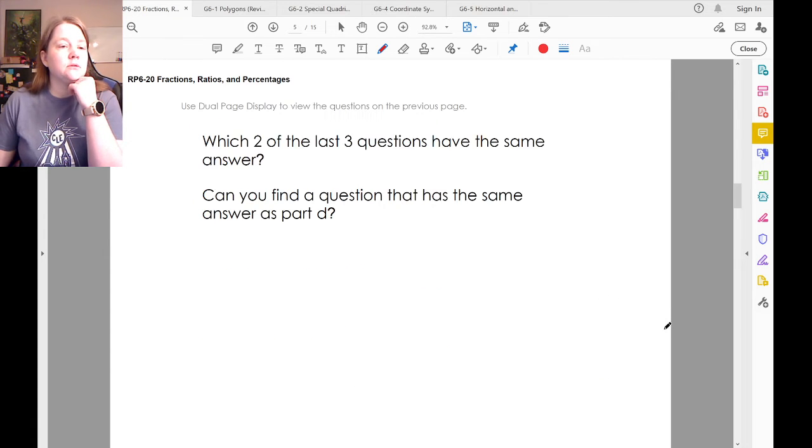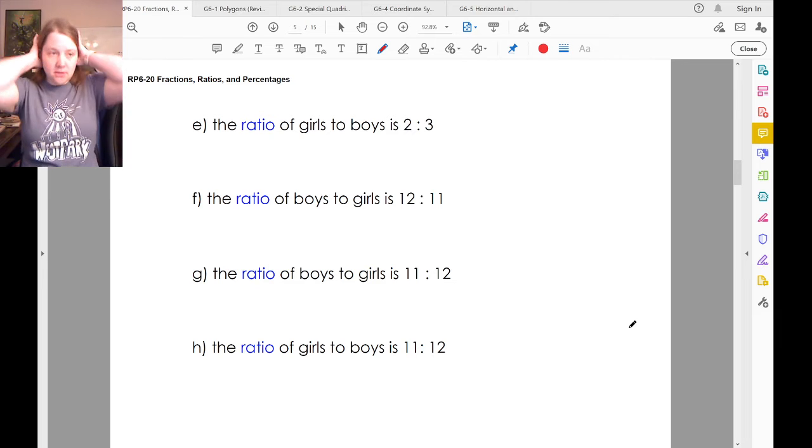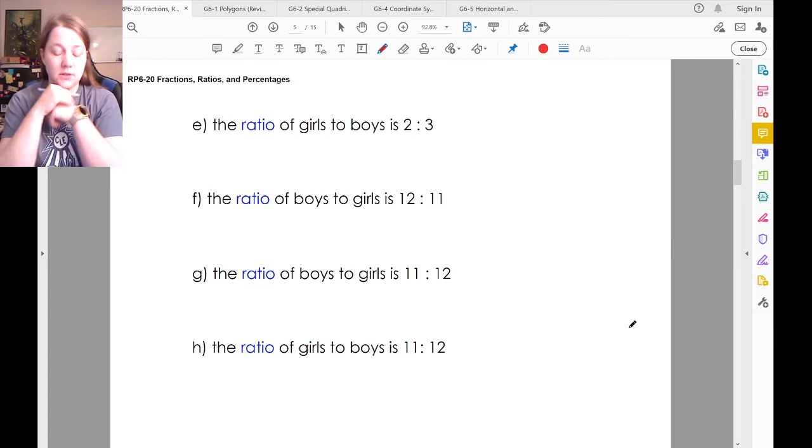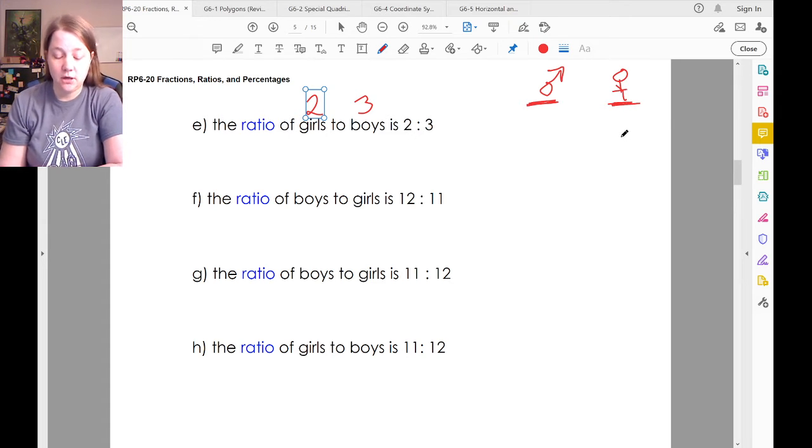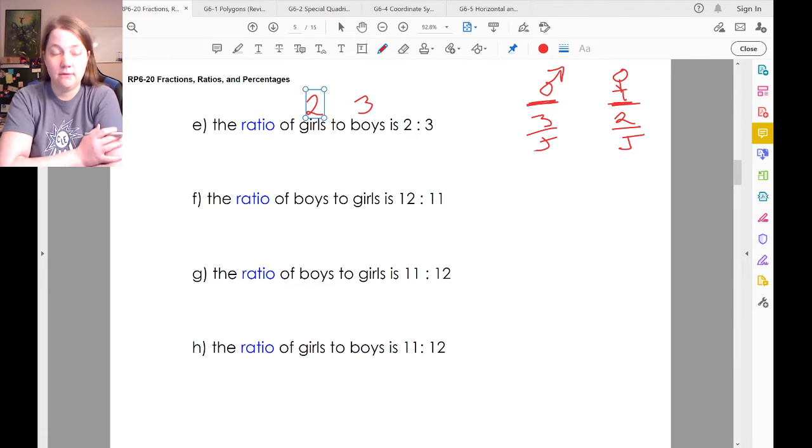If the ratio of girls to boys is 2 to 3, that means there's 2 girls for every 3 boys. So again, putting our fractions back here, we would know that the fraction of girls would be 2 to how many? 5. And the fraction of boys would be 3 to 5.